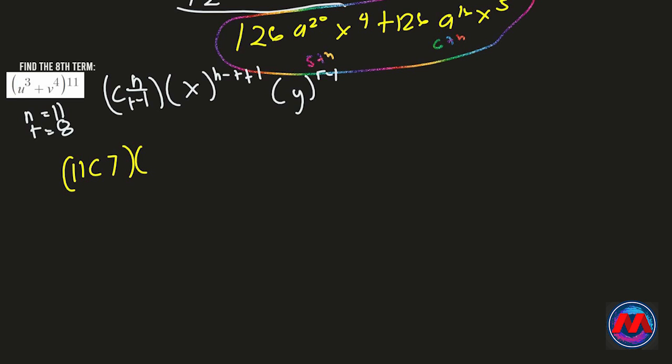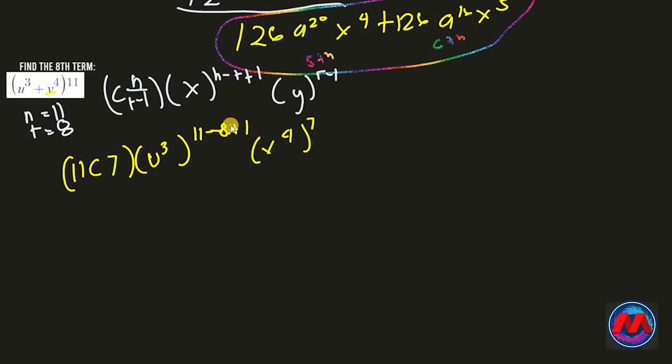The value for our x is u cubed raised to n minus r. That's 11 minus r, which is 8 plus 1. And our second term is v raised to 4. That's r minus 1. That's r minus 1 is equal to 8 minus 1, which is 7.